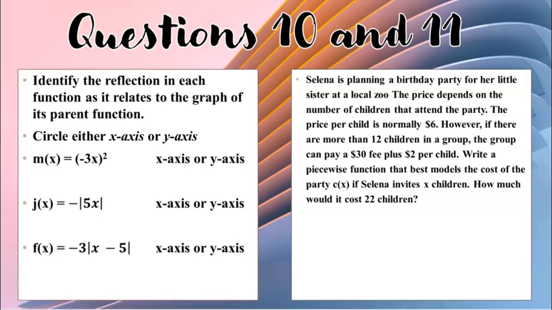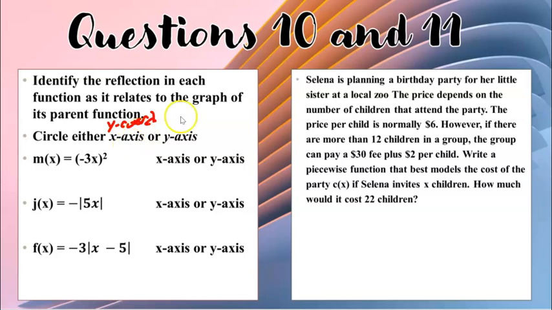Question 10. Identify the reflection in each function as it relates to the graph of its parent function. So we're going to determine if it's reflected over the x-axis or the y-axis. If it's reflected over the x-axis, the y-coordinate is affected.